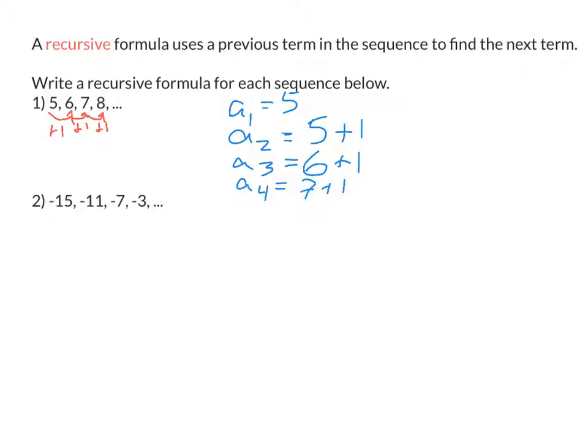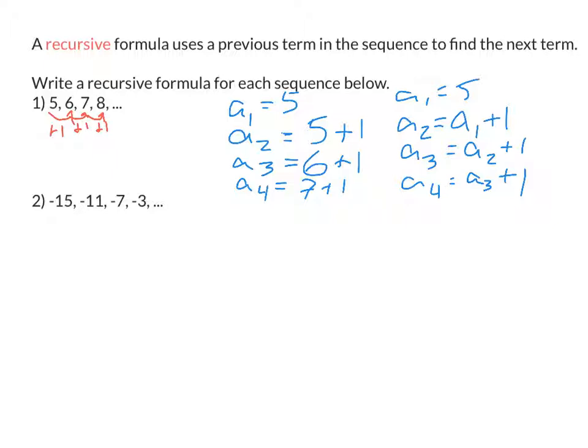Another way to look at this is a sub 2 is the same as a sub 1 plus 1. A sub 3 is a sub 2 plus 1. And a sub 4 is the same as a sub 3 plus 1.